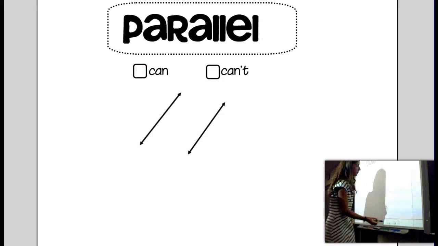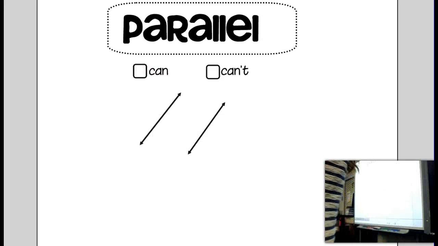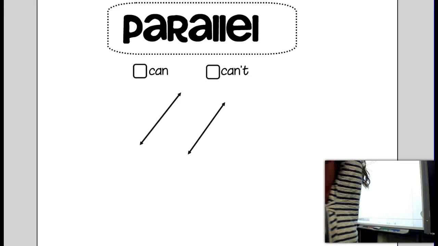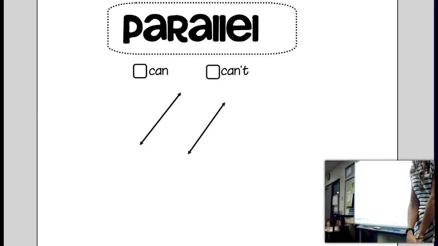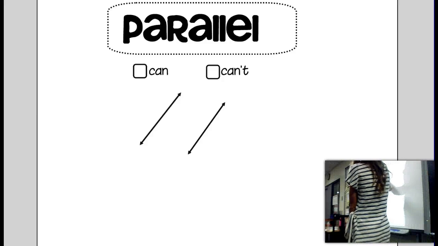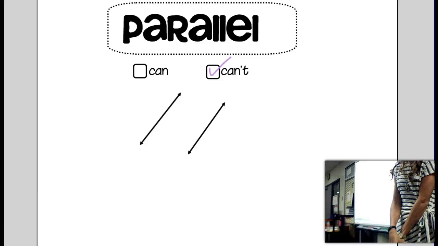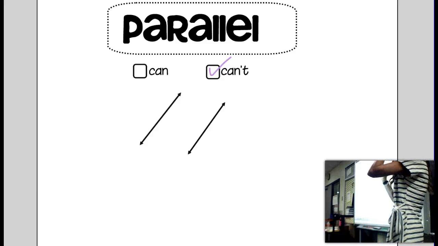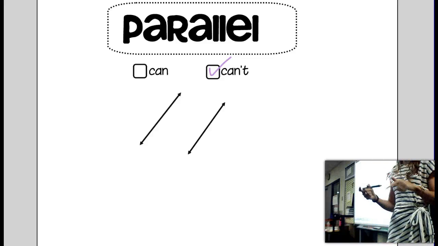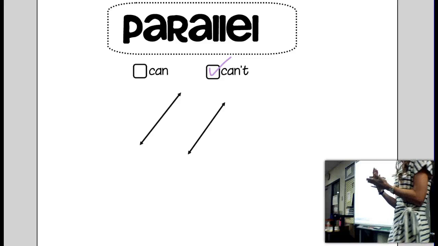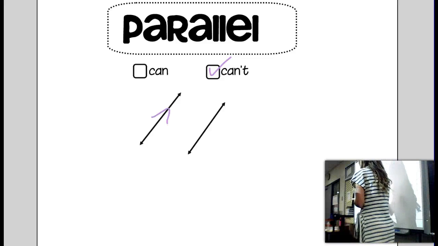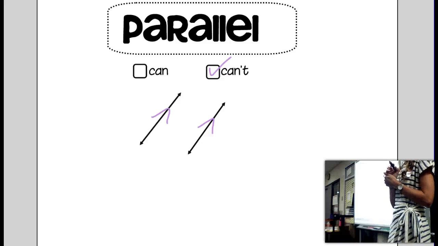Next one. Parallel is going to go in whatever column perpendicular went in, because they go hand in hand. So which column? Cannot assume that those are parallel. Now I might not have shown you this before. I do want to show you the symbol. If I want to tell you that they are for sure parallel, I'm going to put an arrow in the middle of them like that.